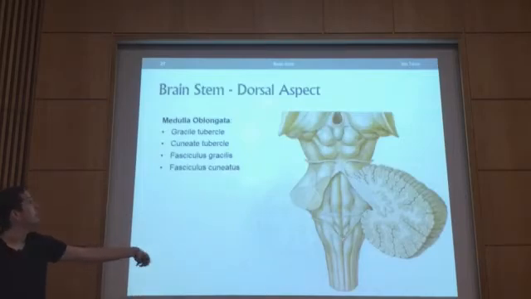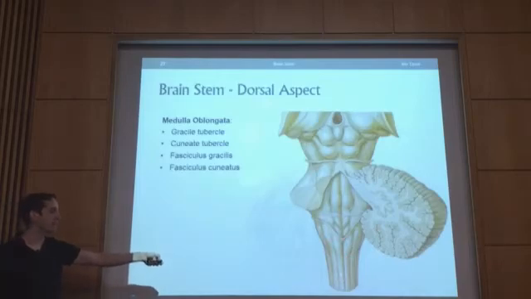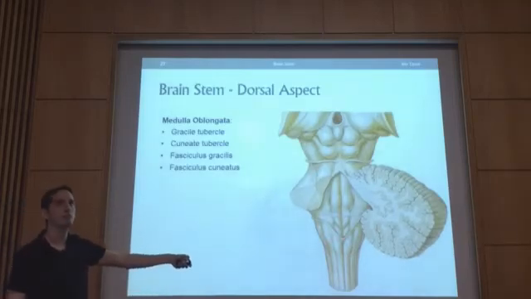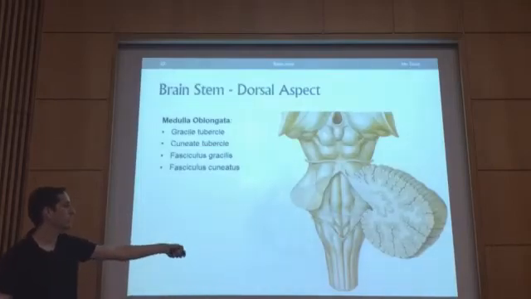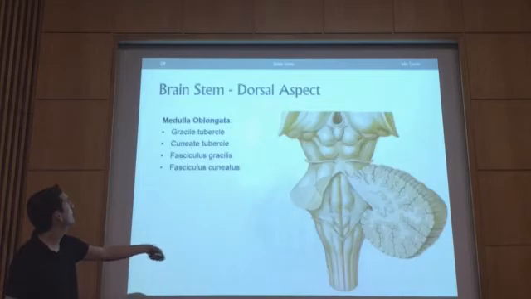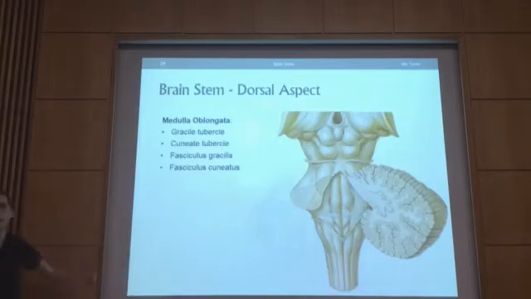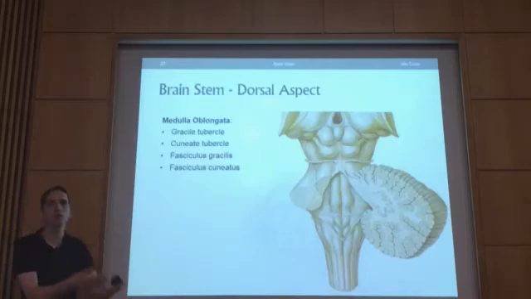In the dorsal aspect, we can also see these elongated structures. This structure in here, we have one on each side, is called the gracile tubercle, or in Latin, tuberculus gracilis.